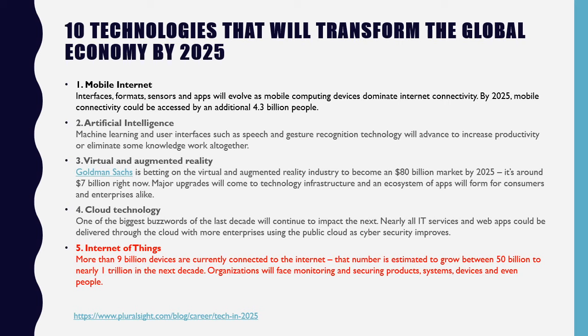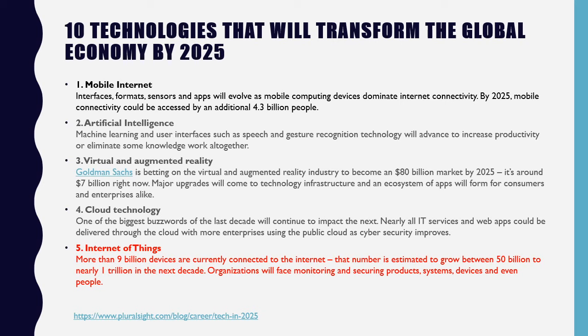Next one is your artificial intelligence. I think I have discussed a lot about artificial intelligence. Then next point is your virtual reality and augmented reality. You can see the numbers, it is 80 billion dollars. So you have to look into how much money it is going to make in 2025. Next one is your cloud technologies.